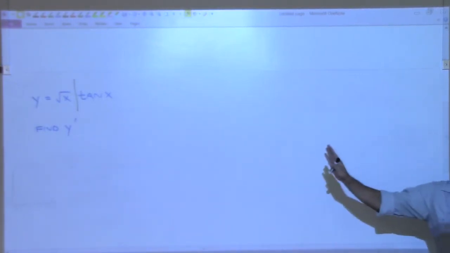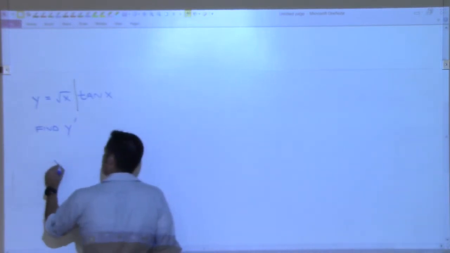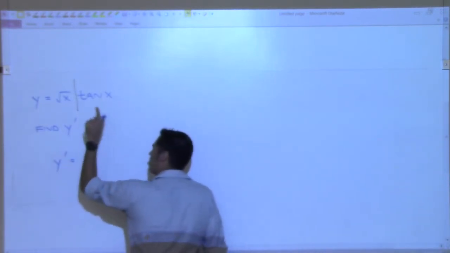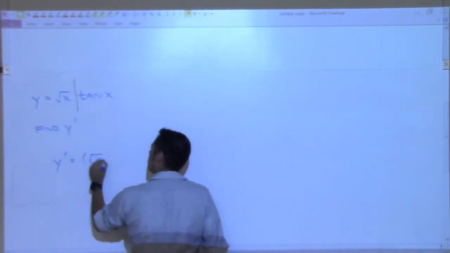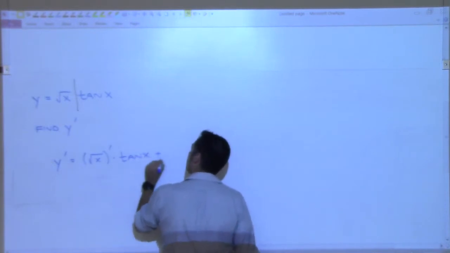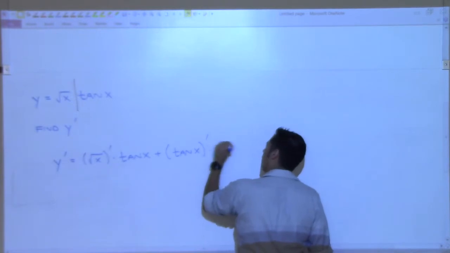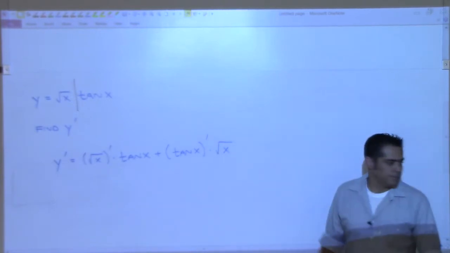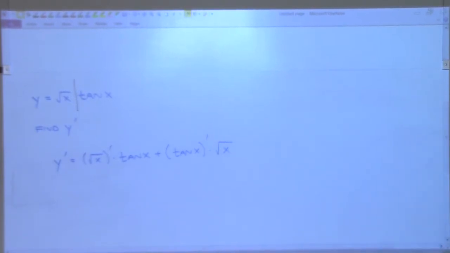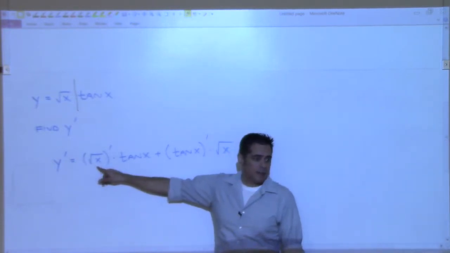So you have a first function and a second function. So my derivative should be the derivative of the first one times the second one, plus the derivative of the second one times the first one, like that. And well, what's the derivative of the square root of x?